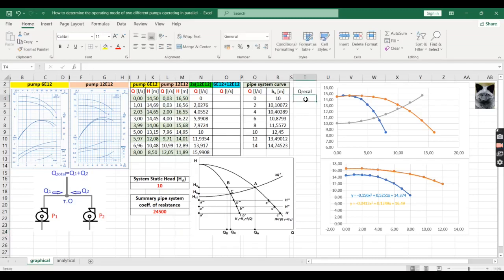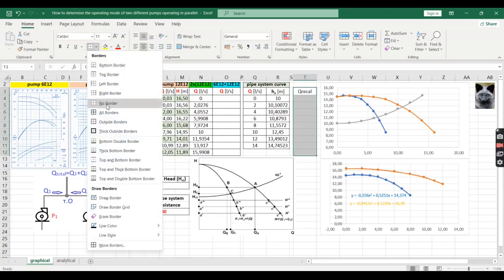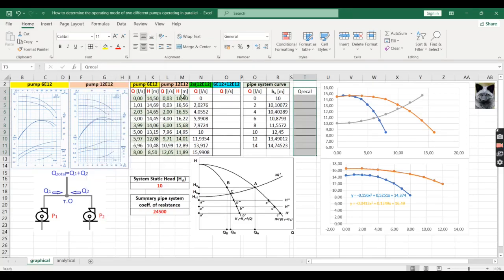And how can we do this? It's simple. We're gonna use the equation concerning the relevant pump. So I will recalculate the values of Q for the second pump, which means that I'm going to use the equation highlighted in orange color.